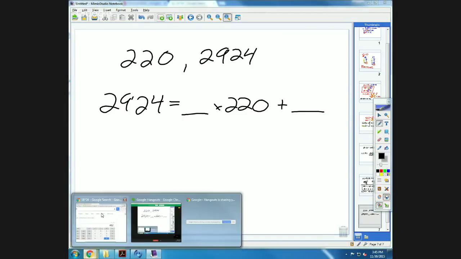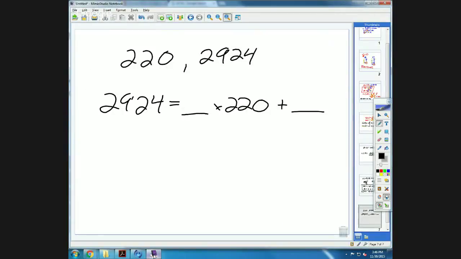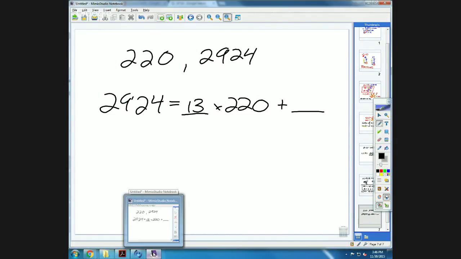So we whip out our handy dandy calculators, 2924 divided by 220. And I get 13 with a little bit left over. We got to figure out how much is left over. We just take 13 times 220 away from 2924, and what is it? You got a remainder of 64.